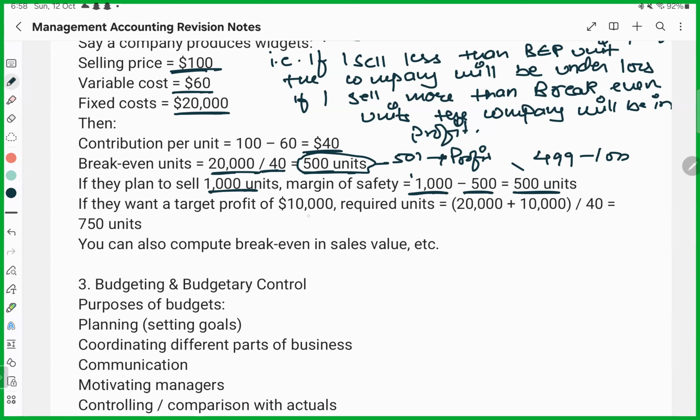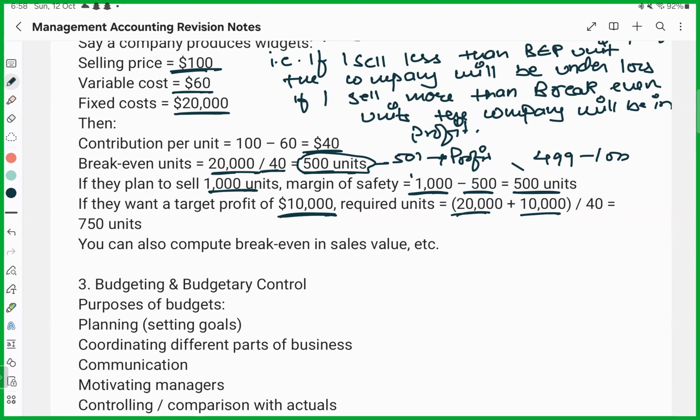If the company wants to achieve a target profit of say 10,000 rupees, then the required units are going to be your fixed cost of 20,000 plus the 10,000 target profit, divided by the contribution. We saw in a previous example that the company wanted to achieve 20% profit. Our variable cost was rupees 15, our total cost was rupees 25, and the company wanted to achieve 20% profit, so 5 was the profit the company was planning to achieve per unit.